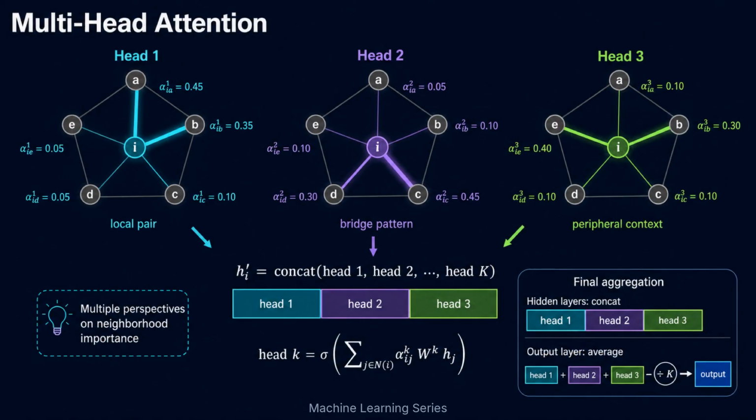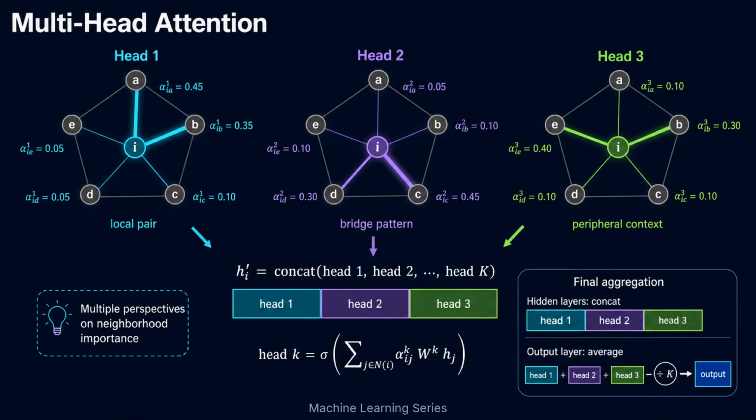Just like in transformers, GAT uses multi-head attention to capture different types of relationships. With K heads, we run K independent attention mechanisms in parallel. Each head has its own weight matrix W^k and attention vector a^k, learning different patterns of neighbor importance. The outputs from all heads are concatenated.